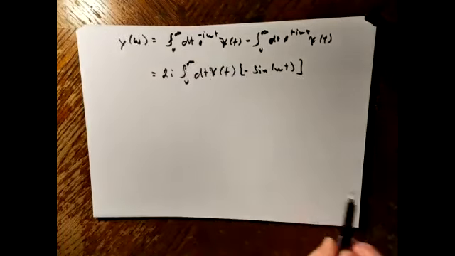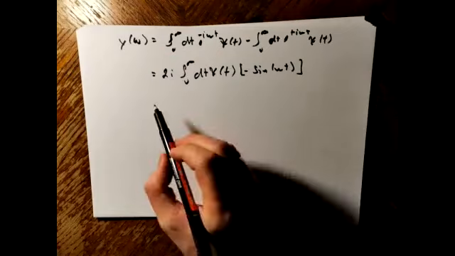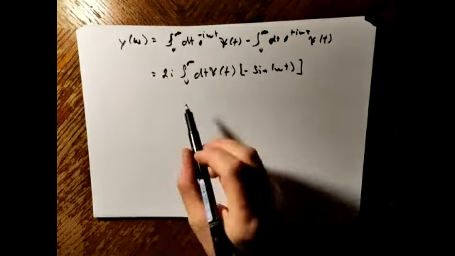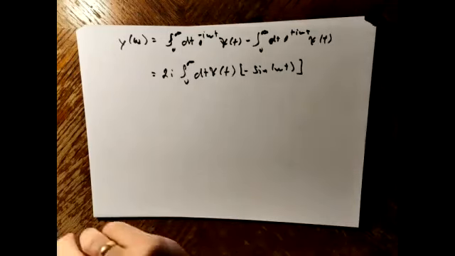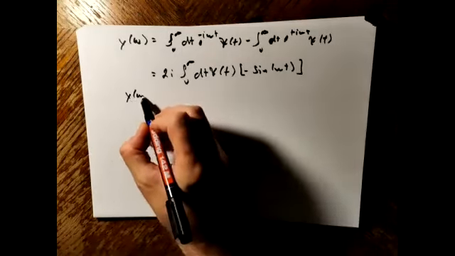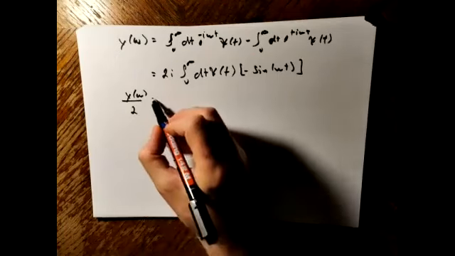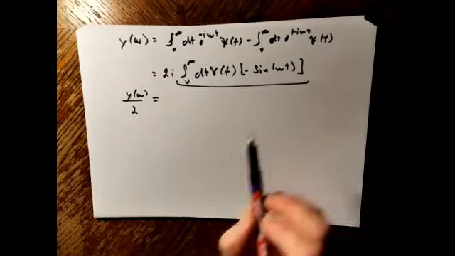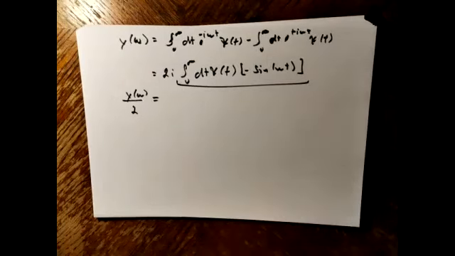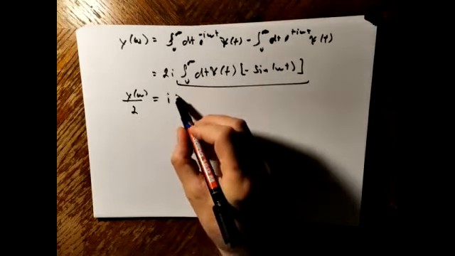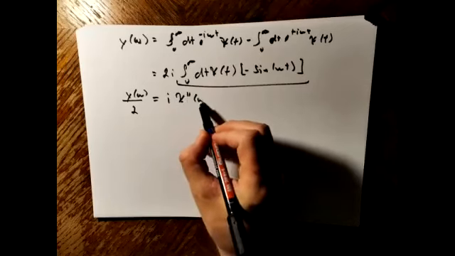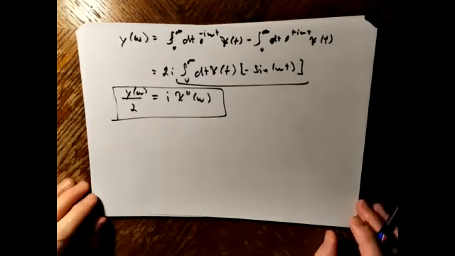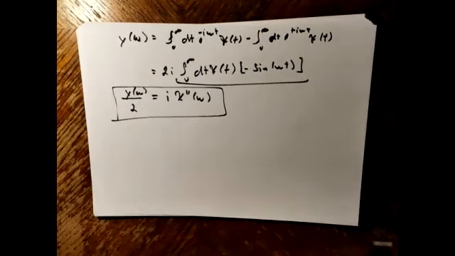Okay, so this y of omega is the imaginary part of the Fourier transform. Actually, I should say y of omega over t is the imaginary part of the Fourier transform of the response function. So this is actually i times chi prime prime of omega. That's what we have shown here.